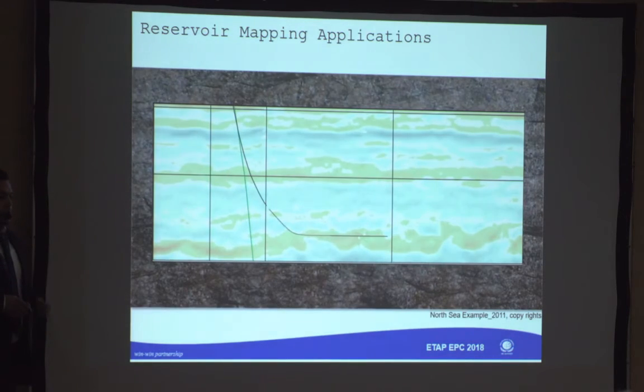To show you in reality how this technology applies and the results of this technology, I'm showing you an example here from the North Sea, just to illustrate this. So they have seismic and some horizons, and this is the reservoir zone, which is a sand injectite environment.